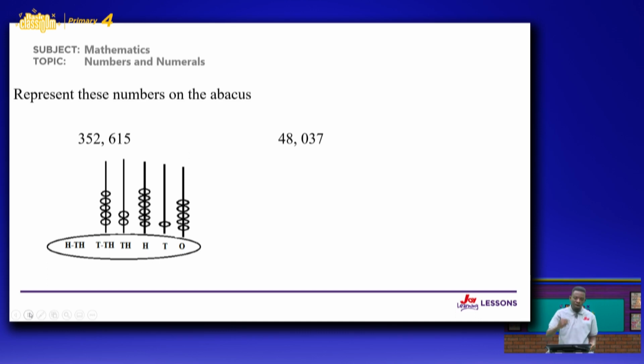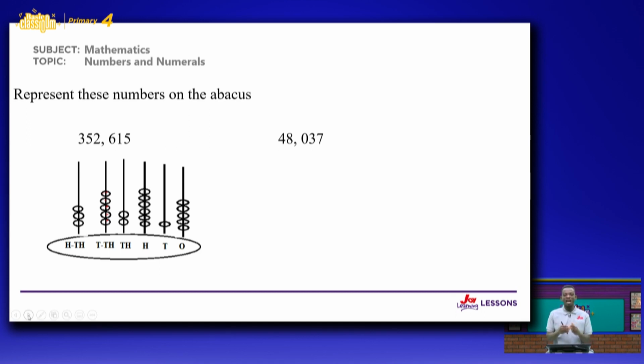Each counter that we put on the tens of thousands represents 10,000. So we have 10,000, 20,000, 30,000, 40,000, and 50,000. So we have 5 counters on the tens of thousands. Then lastly, we have 3 on the hundreds of thousands.